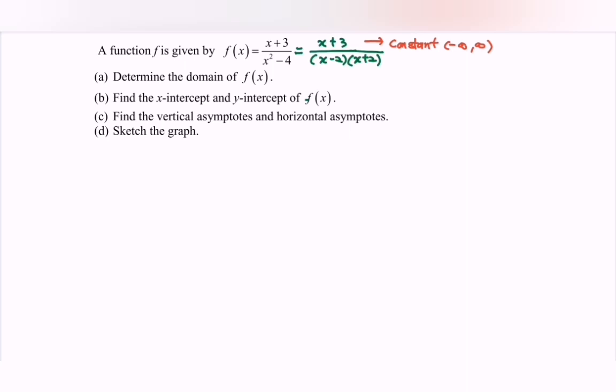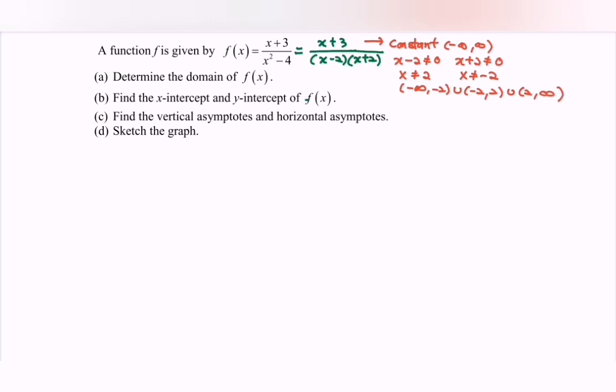So x minus 2 cannot be equal to 0, and x plus 2 cannot be equal to 0. So x cannot be equal to 2, and x cannot be equal to negative 2. So the domain for the bottom part would be negative infinity to negative 2, union negative 2 to 2, then 2 to infinity, where 2 and negative 2 are not included.